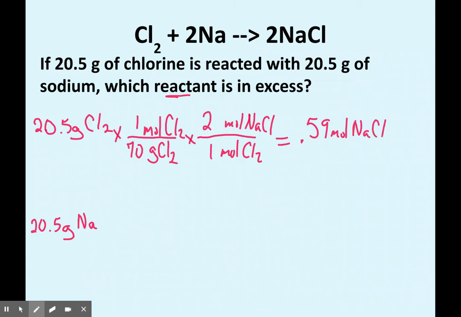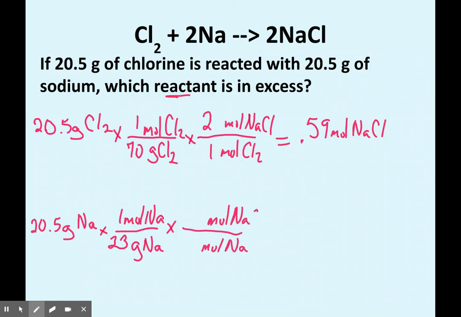All right, for Na, we're going to do the same thing. So grams of Na on bottom, and that has a mass of 23, 1 mole of Na. And then moles of Na on bottom, and moles of what we're going to, NaCl, on top.